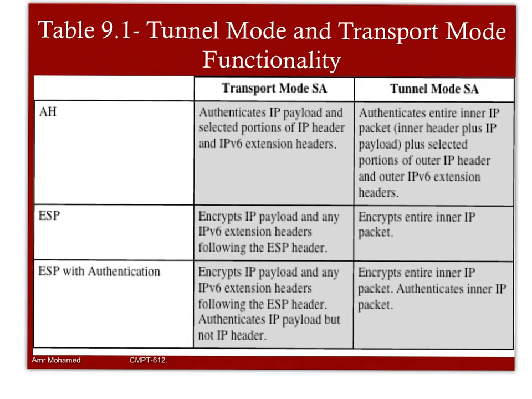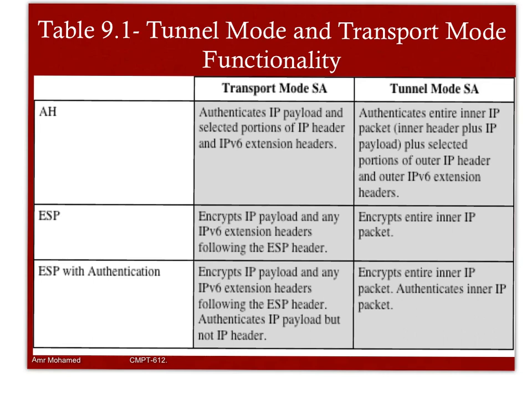One thing to notice here is that both AH and ESP can be used either for transport mode or tunnel mode, which means I have four combinations. I can in fact use ESP for transport mode and AH for tunnel mode.